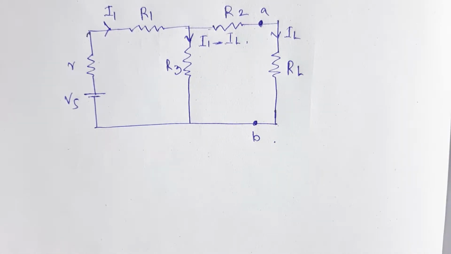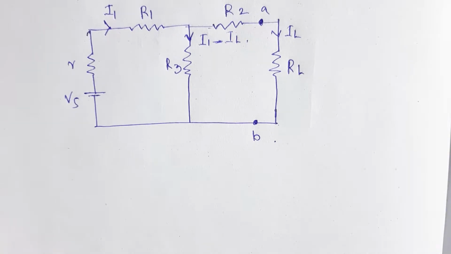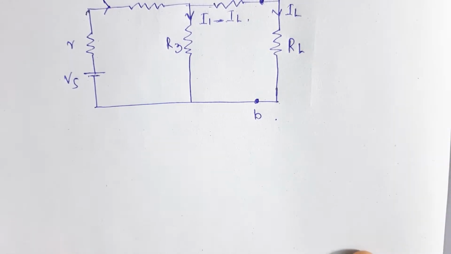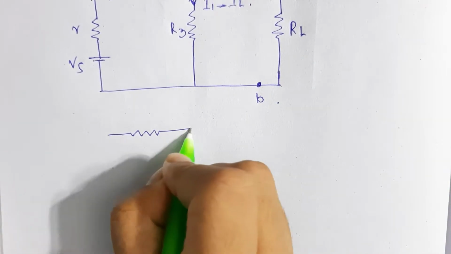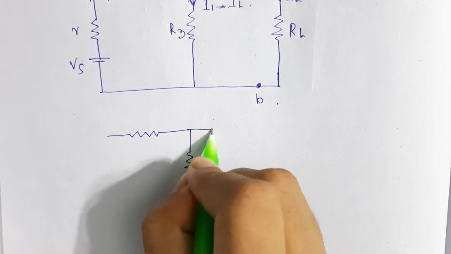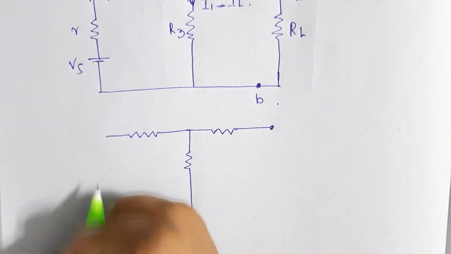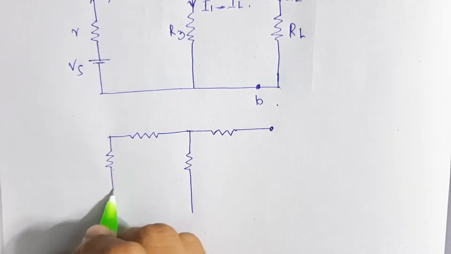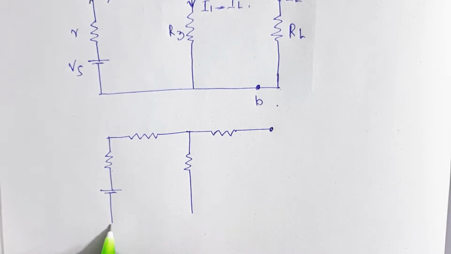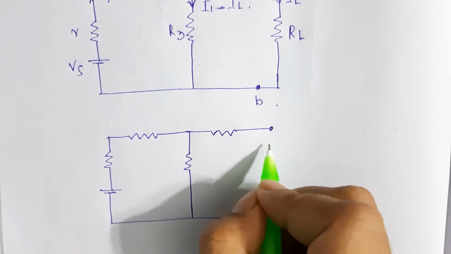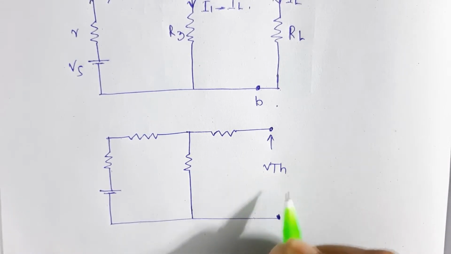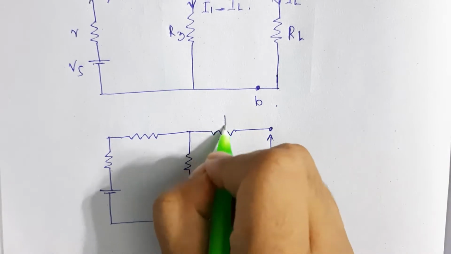So first of all, you have to replace this circuit by a single equivalent circuit which will contain VTH. So first, in order to find the VTH, we will use this circuit.